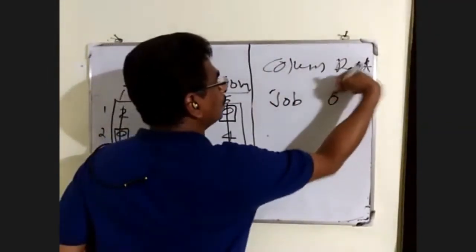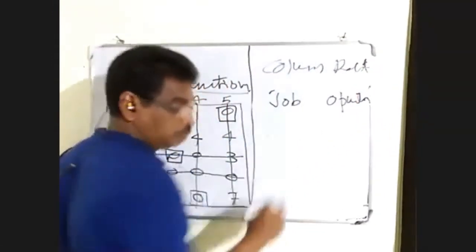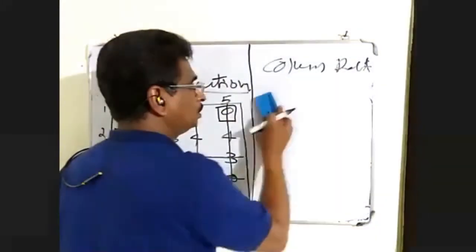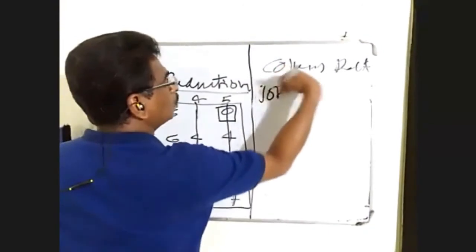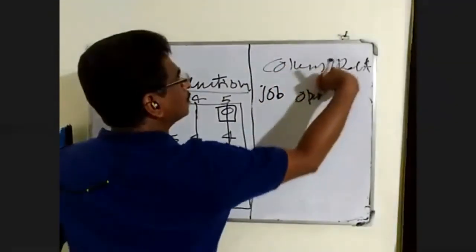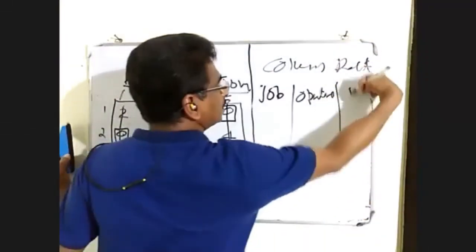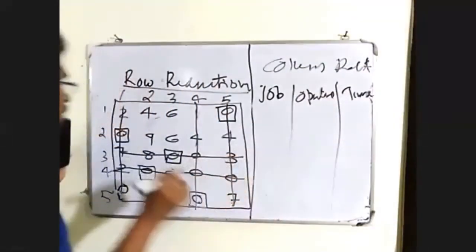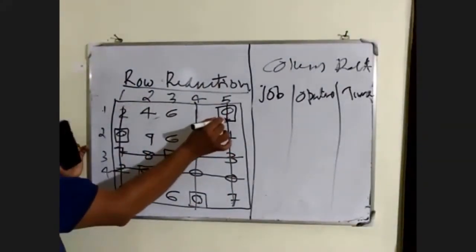Make two headings: job and operator, and then time.